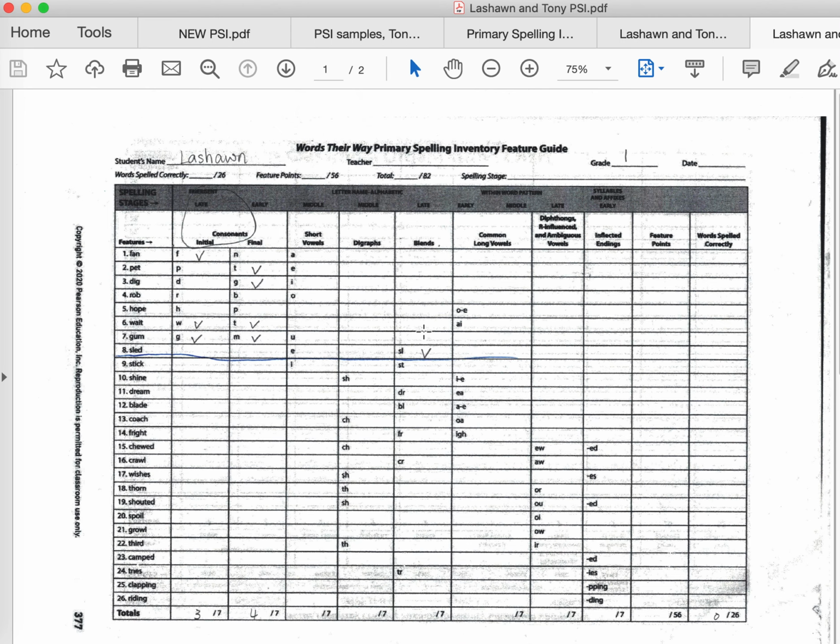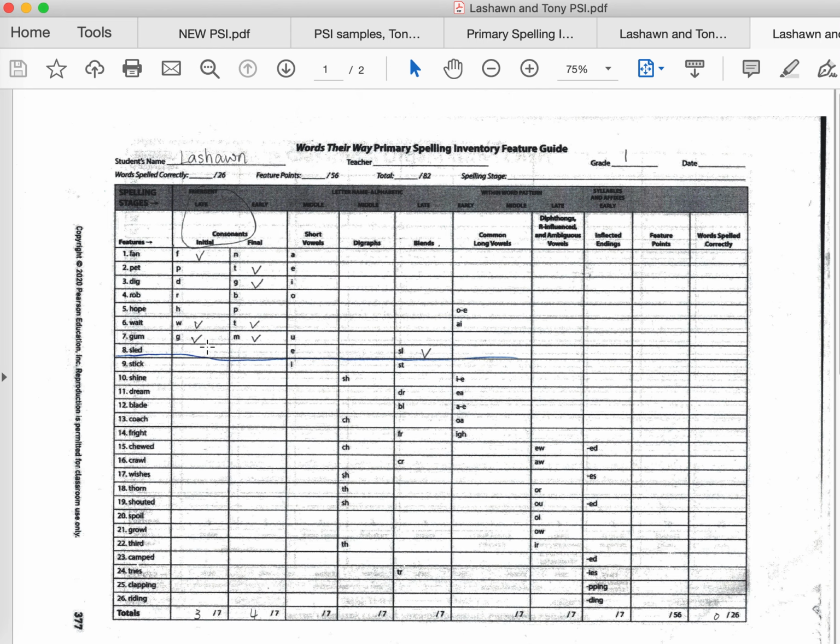Now that all words spelled by LeShang have been scored on the feature guide, let's draw some overall conclusions about what he knows and understands, so we can determine where to begin instruction. LeShang had the opportunity on the PSI assessment to correctly represent seven initial consonant spellings, and he only spelled 3 out of 7 correctly.